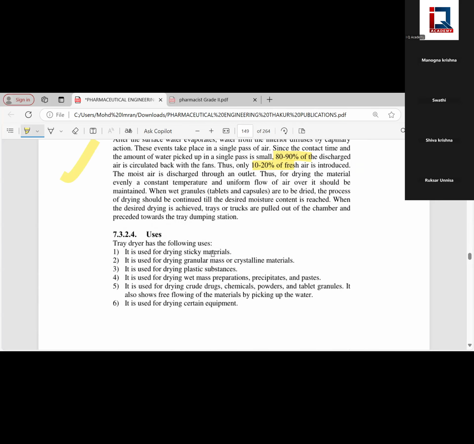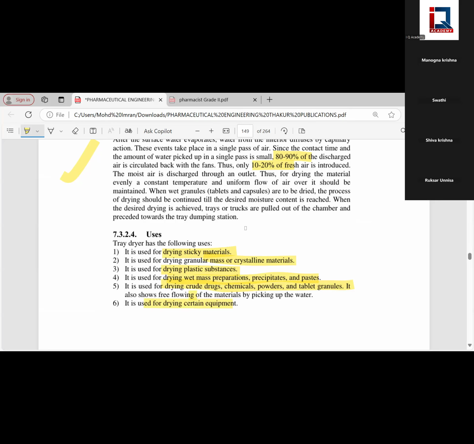Uses: drying sticky material, greasy material, crystalline material, granular masses, plastic substances, wet mass preparations and pastes, crude drugs, chemical powders, tablets, and granules.